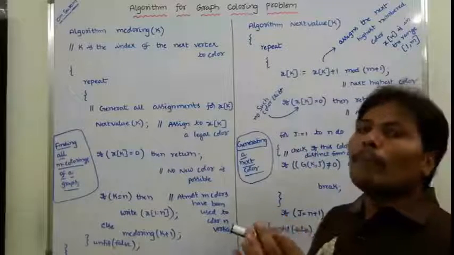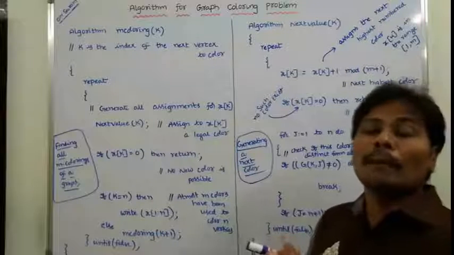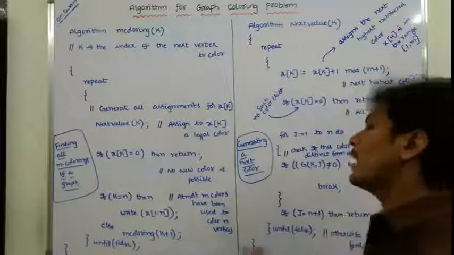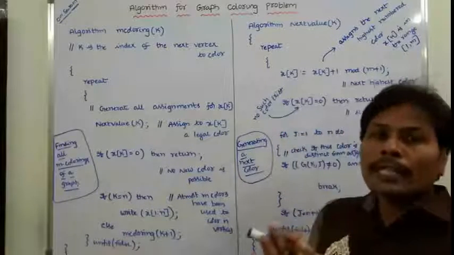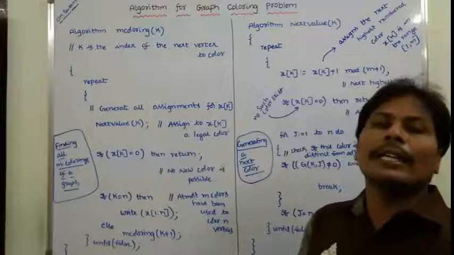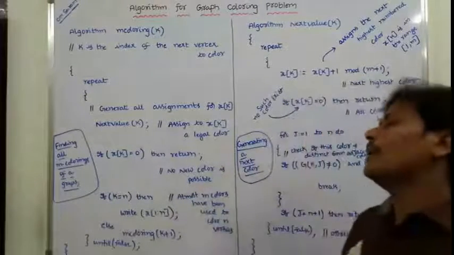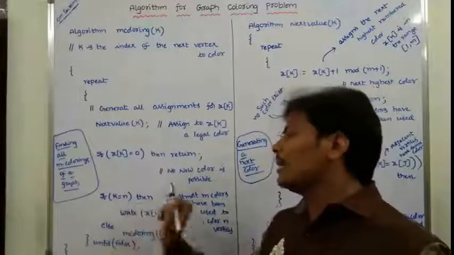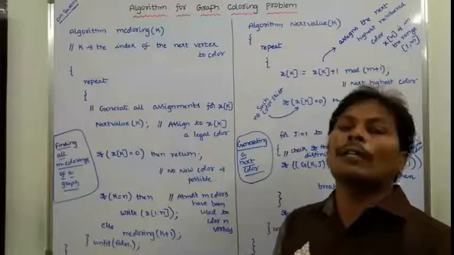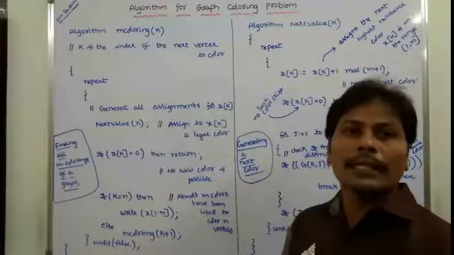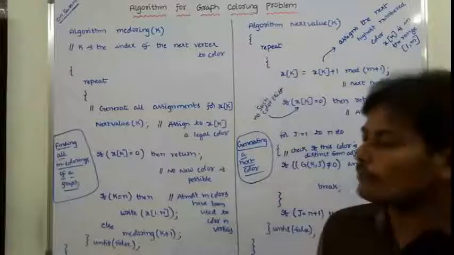If n number of vertices are colored with m number of colors, then this condition is true. If all the vertices are not colored in the given graph, then this condition is false. If k equal to n, then condition true, write x of 1 to n.